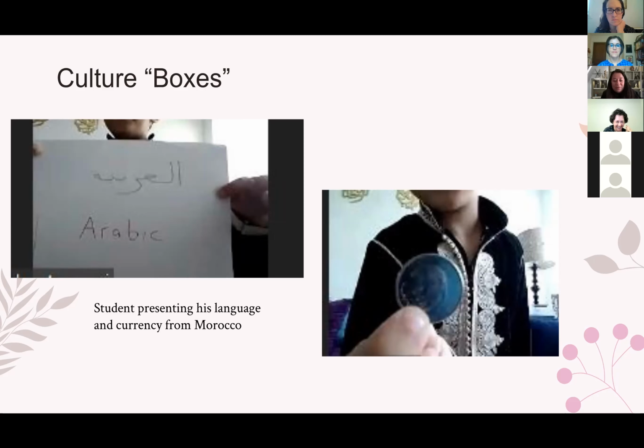They would explain their dishes, how they made them. And they would also go around their house and show us artifacts representative of their home country. They would also teach us some words in their home language, how to write in their home language, how they would read in their home language, something that we don't get when we're in person.